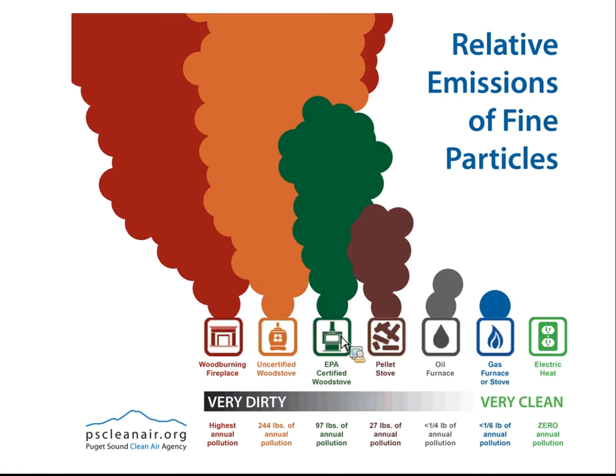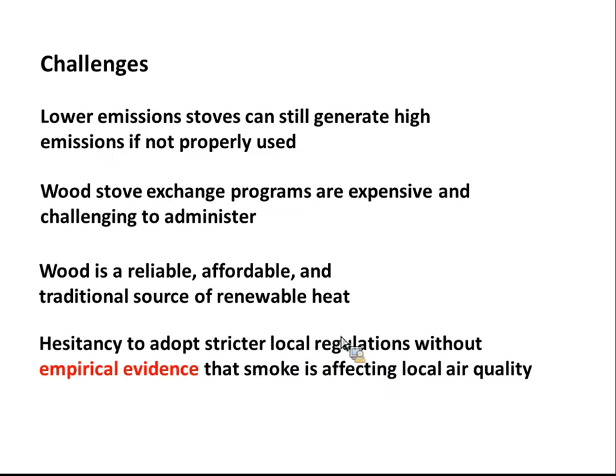Even an EPA certified stove, if it's burning wet wood under poor burning conditions, it can still generate a lot more emissions than it looks like on paper when that stove is tested in the laboratory. So there's a lot of factors here that influence how much PM2.5 wood burning is going to create.